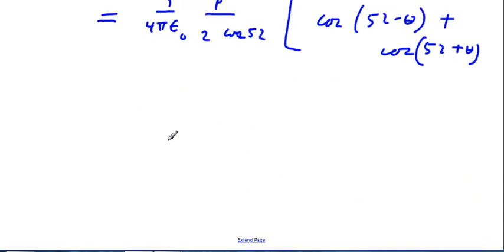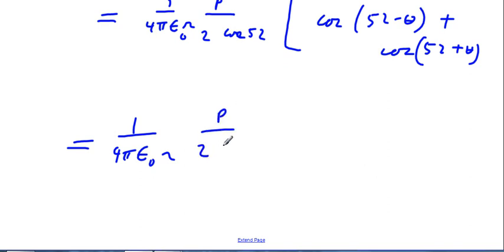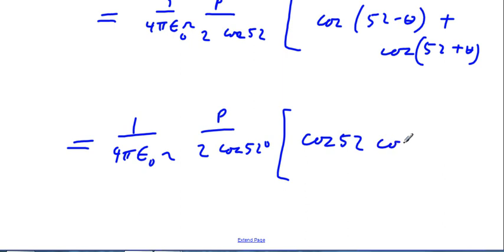And this is going to be cosine 52 cosine theta plus sine 52 sine theta.